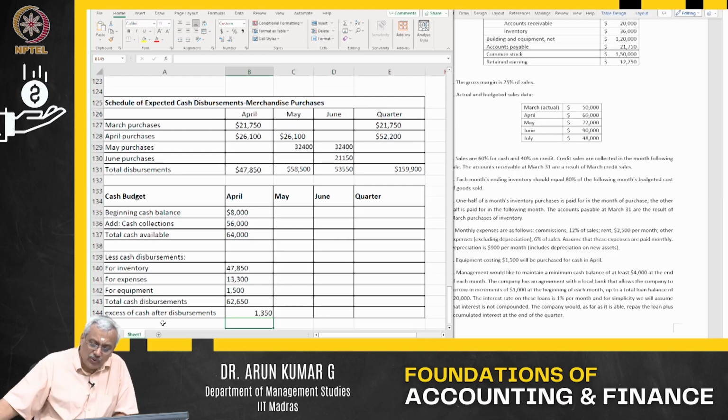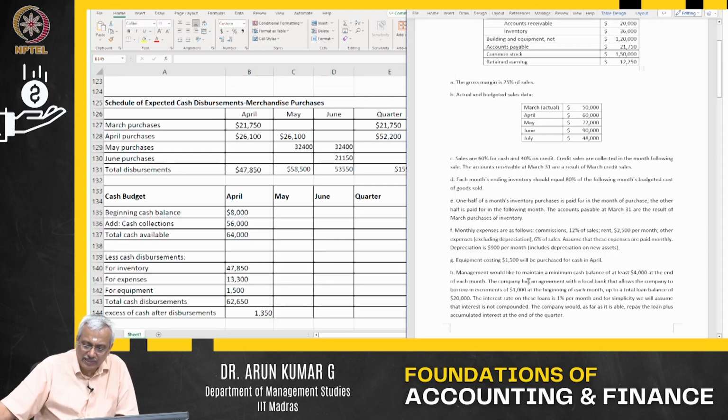Does it end here? No, there is an interesting piece of information after that. You read the last paragraph here, point number H. Management would like to maintain a minimum cash balance of 4,000 at the end of each month. The company is in agreement with a local bank that allows the company to borrow in increments of 1,000 at the beginning of each month, up to a total balance of 20,000.